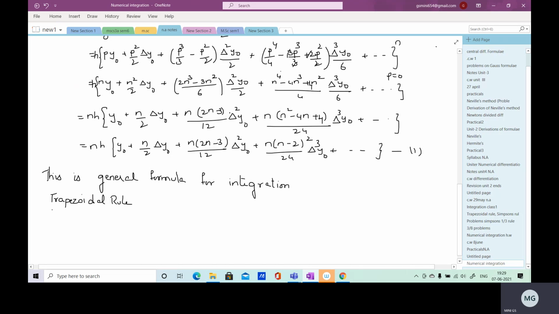We now look at our trapezoidal rule. Putting n is equal to 1 in 1, we get the trapezoidal rule.